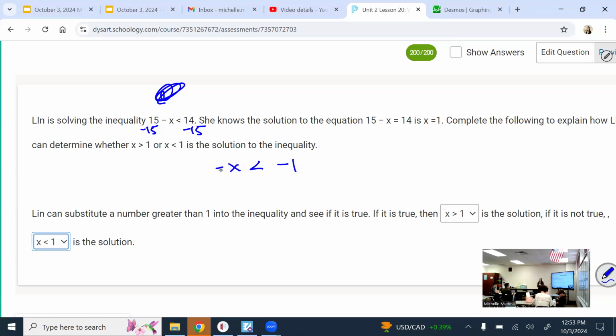The x is not fully isolated. What's in front of the x right now? What is it if it's not written? Right now it's a negative 1. The opposite of multiplying by negative 1 would be dividing by negative 1.